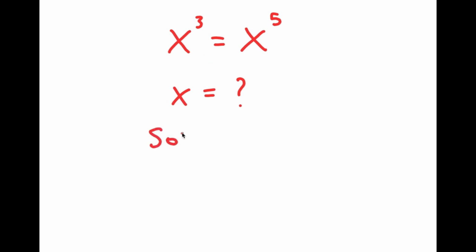Alright, so in this video, I'm going to be solving the equation x to the power of 3 is equal to x to the power of 5. So my only variable in this equation is x, so that's what I'm going to be solving for. And now for my solution, I'm going to rewrite my equation down here so I have a little more solving space.